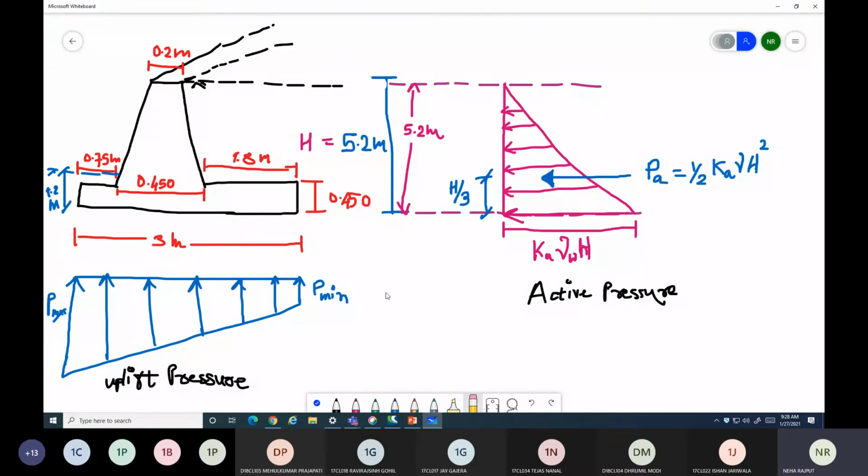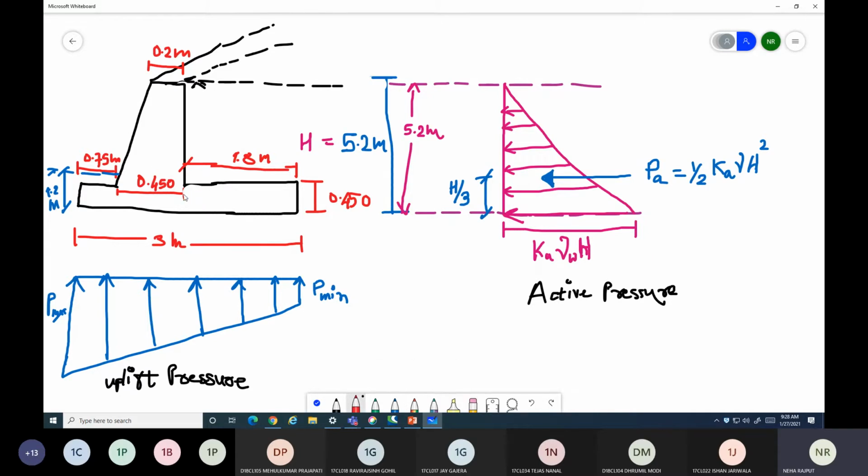Sorry, here this is not the inclined one. This one is the straight one. So this one is 1.8 and this is your 0.450.